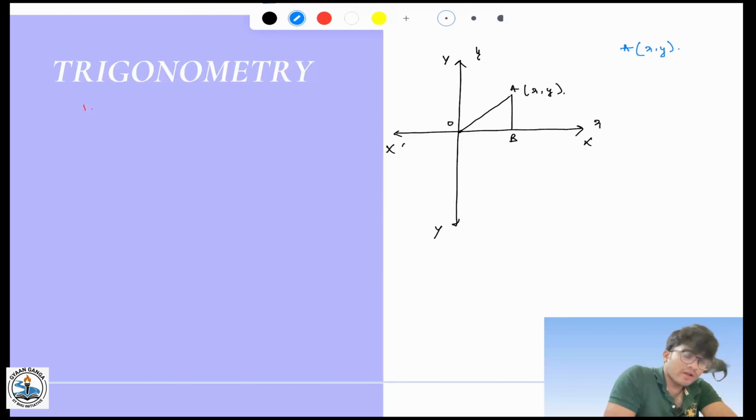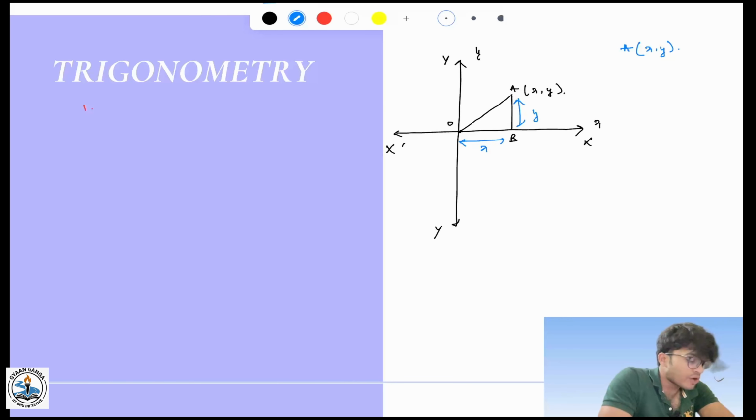You draw a perpendicular onto X O X dash. Now this distance OB is actually x, and this length of perpendicular AB is y.